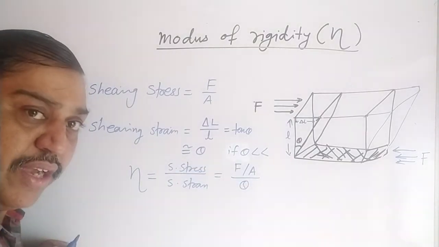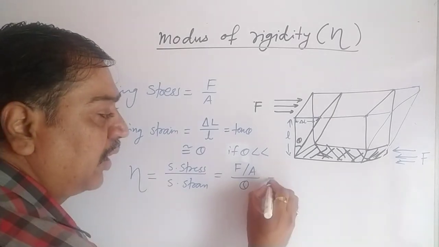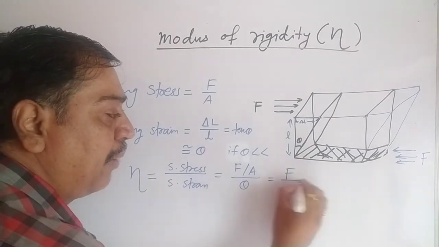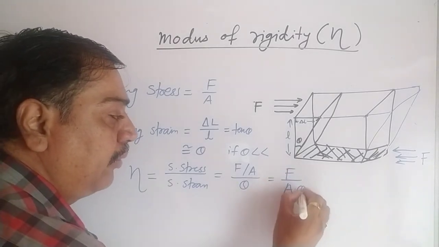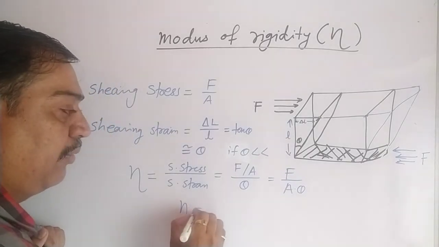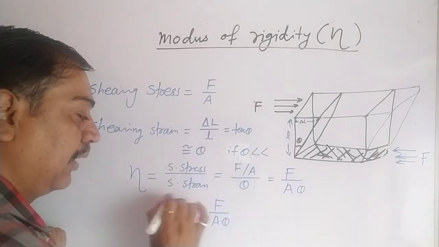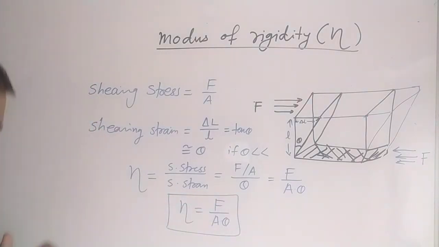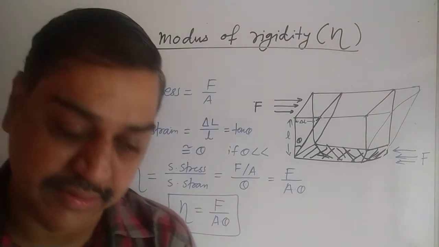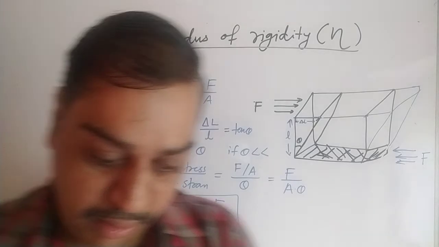If we solve it further, we get eta equal to F divided by A into theta. That is said to be the modulus of rigidity.